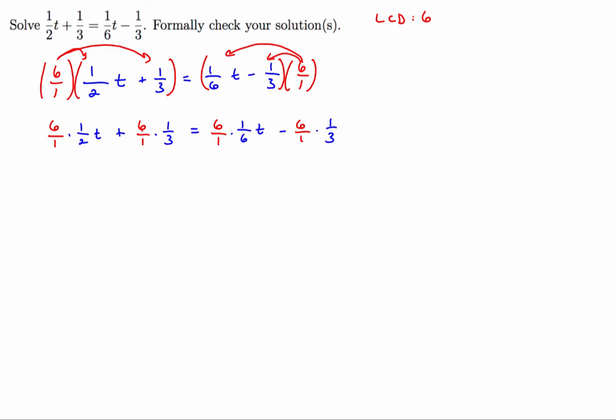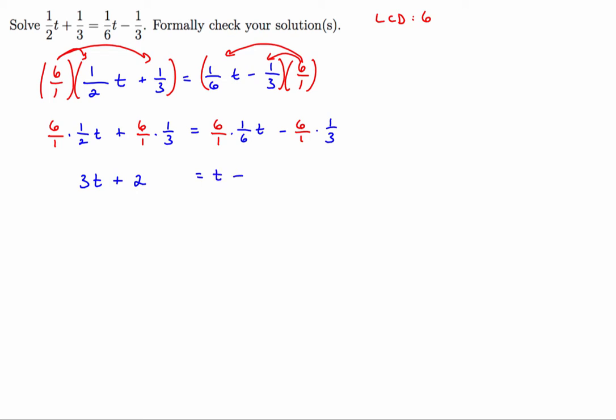We now need to go ahead and simplify each of these new products. 6/1 times 1/2t gives me 6/2t, which is the same thing as 3t. 6/1 times 1/3 is really 6/3, which reduces down to 2. 6/1 times 1/6 is 6/6, so I get 1t.